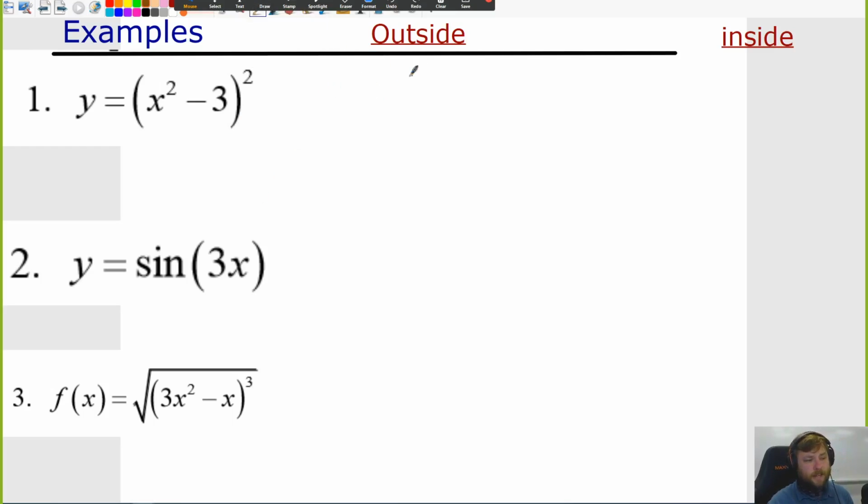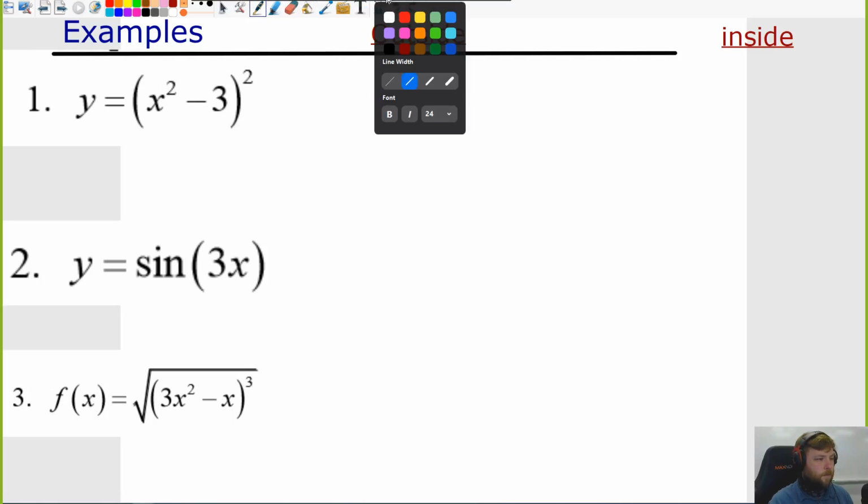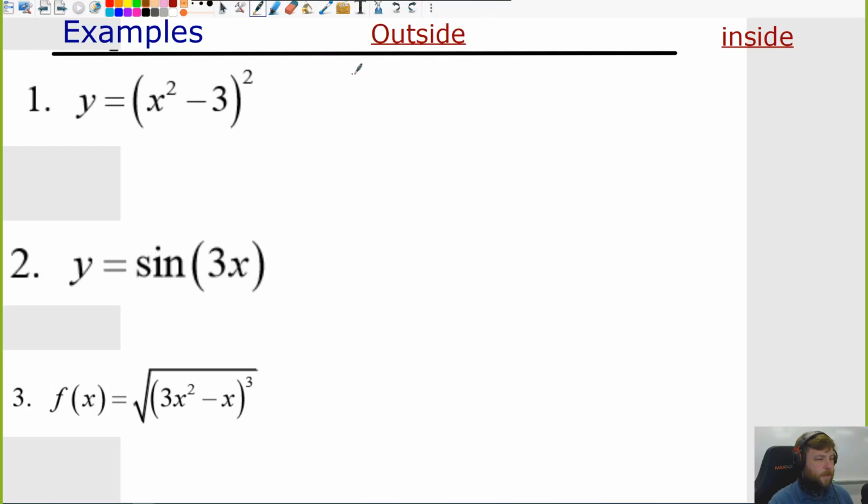So what does it look like with those three? What I'm going to do is identify the outside. So the derivative of the outside times the derivative of the inside. The outside was something squared, and the inside was x squared minus 3.